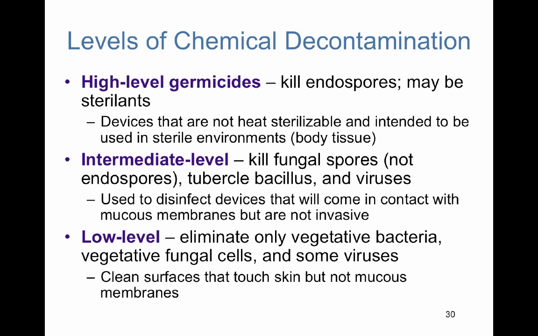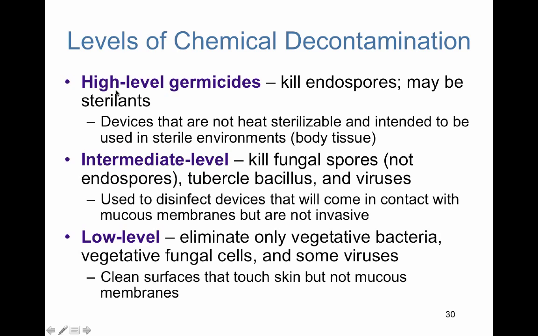Now, similar to the physical, mechanical methods of antimicrobial control, we saw that there was a spectrum of resistance, right? So I went over the highest, intermediate, and lowest resistant level microbes. There's also, in the case of chemical forms, high, intermediate, and low level germicides. So just apply the same grouping of microbes to each grouping of germicide.